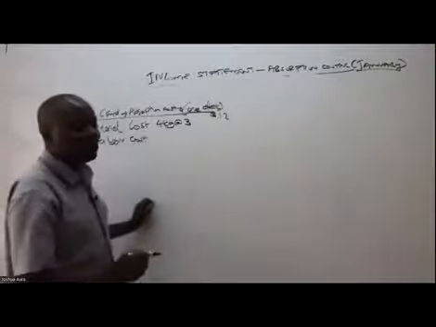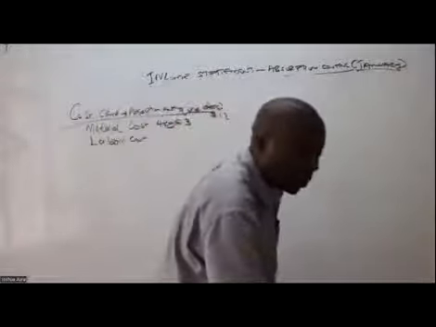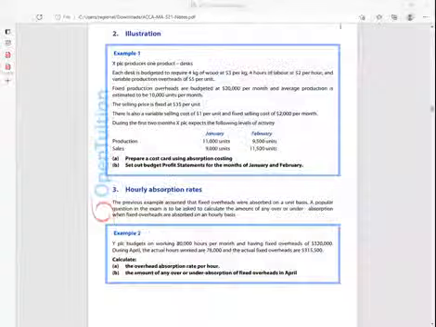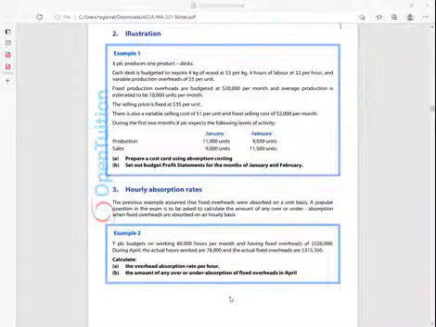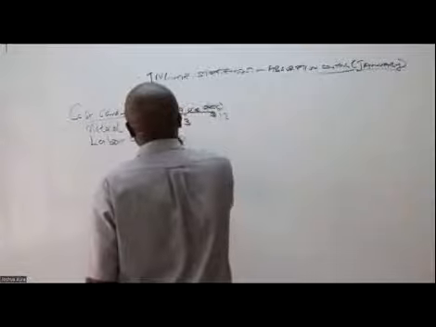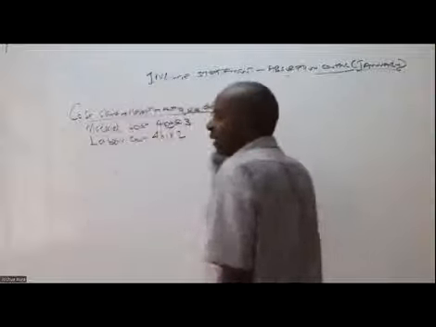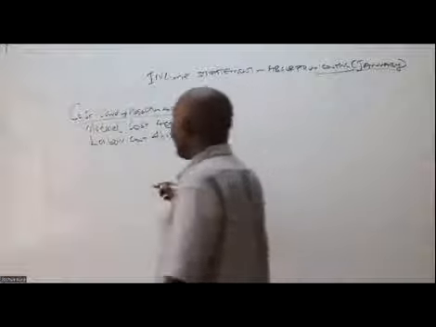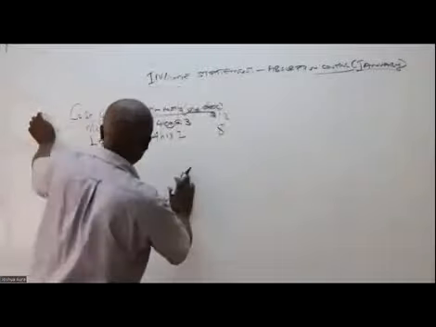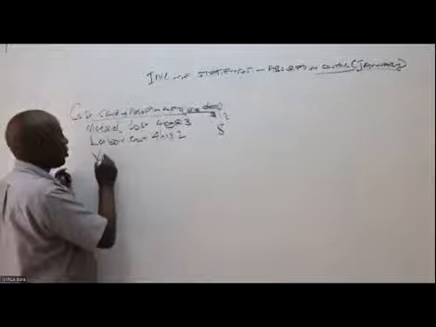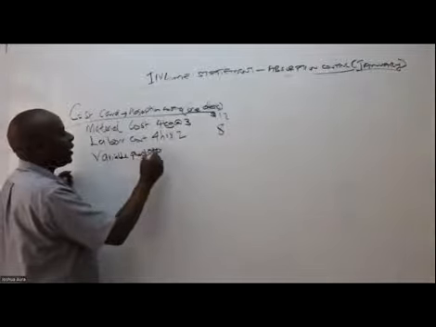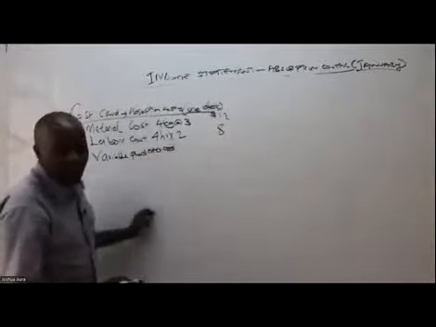We also need labor cost. They have told me the number of hours we need to make each desk. The labor hours are 4 hours at 2 each. So this is 4 hours at 2, which gives me 8. And then we have variable production overhead cost.